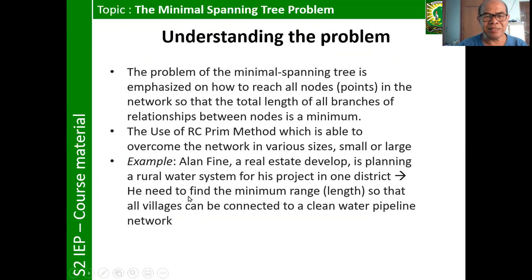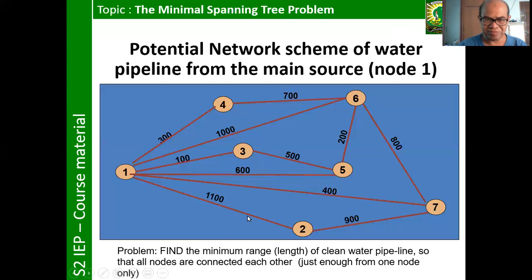This is the example. Alan Fine, a real estate developer, is planning a rural water system for his project in one district. He needs to find the minimum length so that all villages can be connected to a clean water pipeline network.